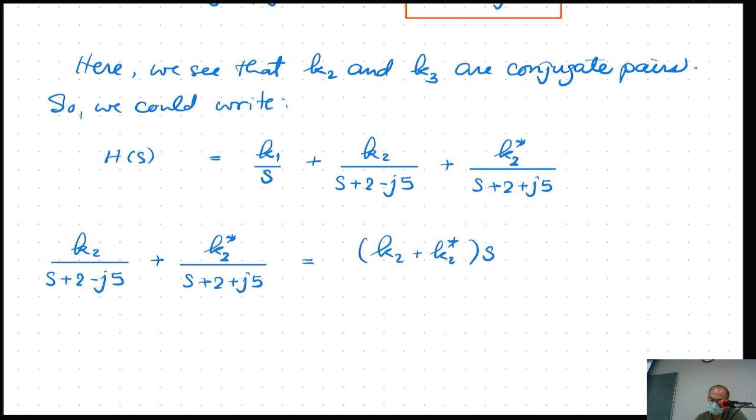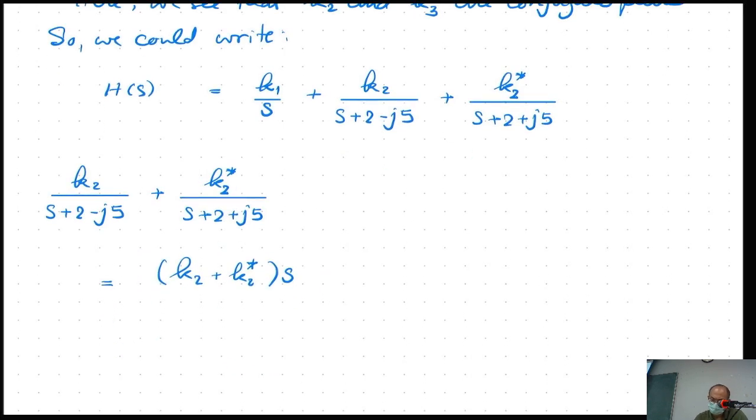Now, we have K2 plus K2 star times 2, okay, and plus 5 JK2 minus JK2 star.